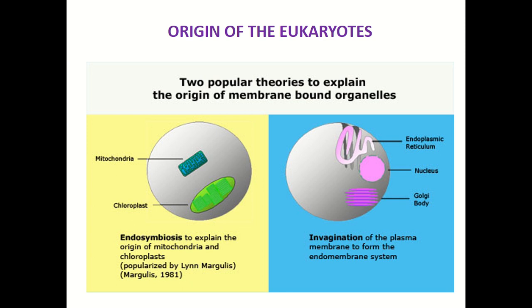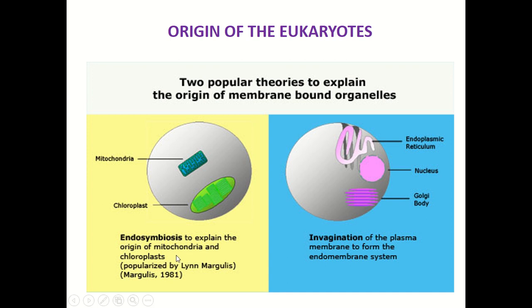So there are two theories on the origin of the multicellular organism, or eukaryote. These two popular theories explain the origin of the membrane-bound organelles, such as the mitochondria and chloroplast, that can be found in eukaryotic cells.